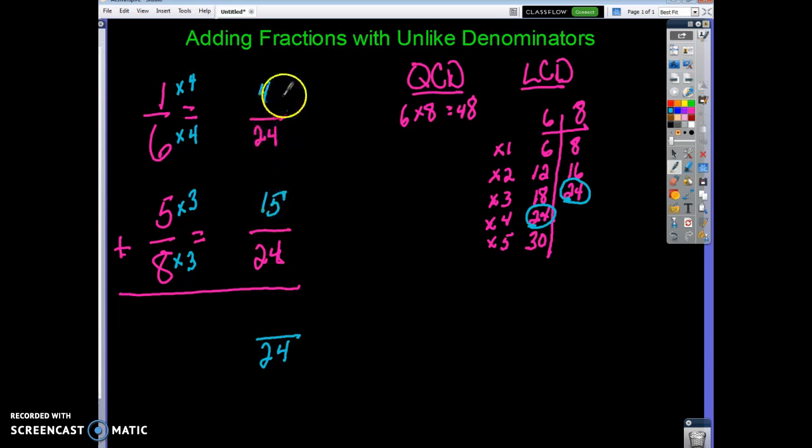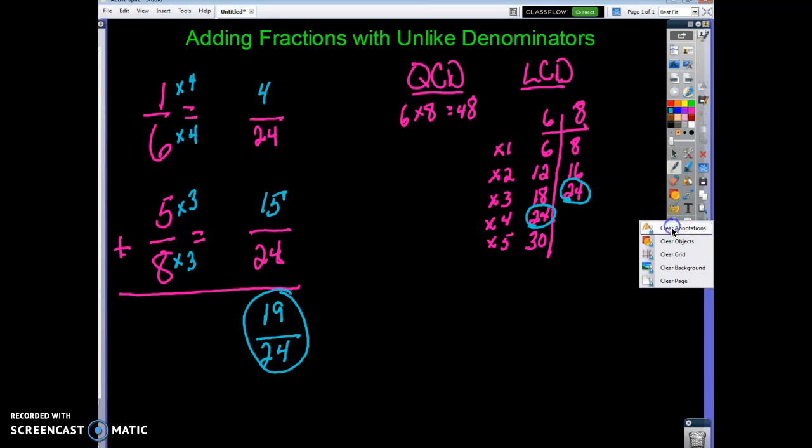And 15 plus 4 is 19. So 1/6 plus 5/8 equals 19/24. Again, 1/6 plus 5/8 equals 19/24.